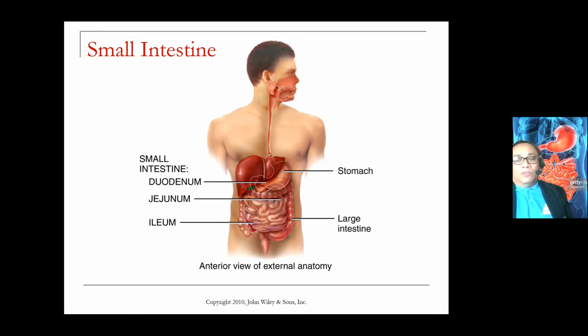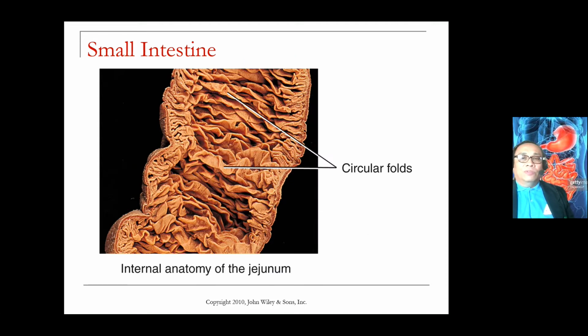This is a graphic depiction of the relative position and the appearance of the circular folds. The internal anatomy of the jejunum showing the circular folds seems to be similar to the rugae, but they're actually villi, or individually a villus, plural villi.